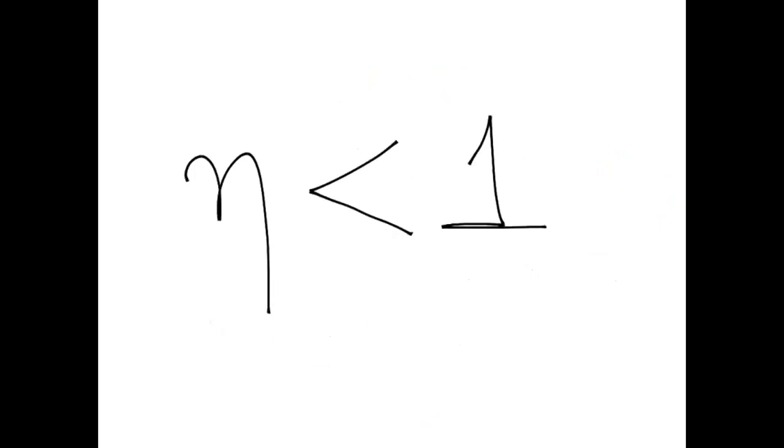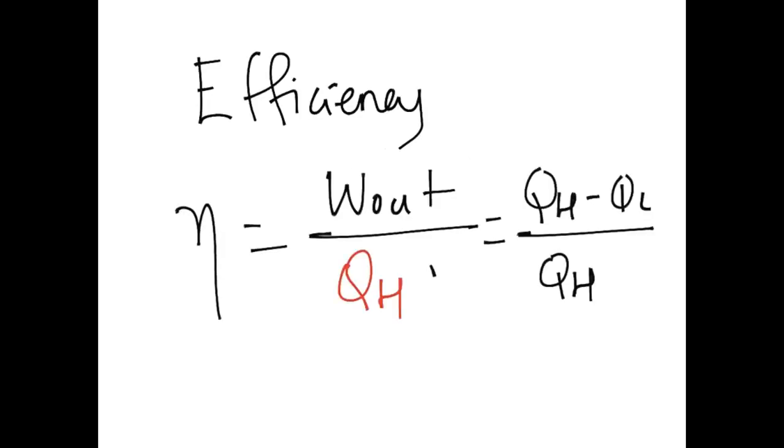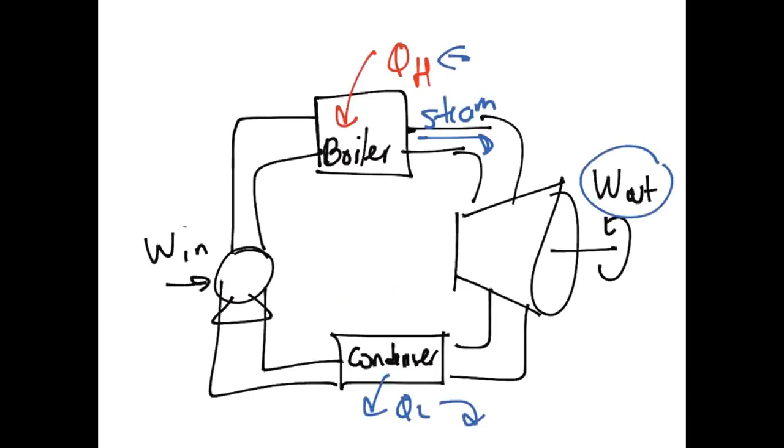And the efficiency is always less than 1. This happens due to the second law. It is impossible to turn all the heat into work. We have a remnant heat in the turbine, and we get rid of that in the condenser.